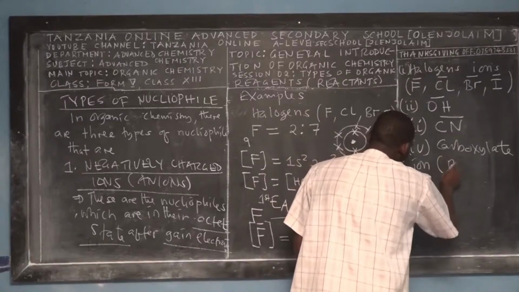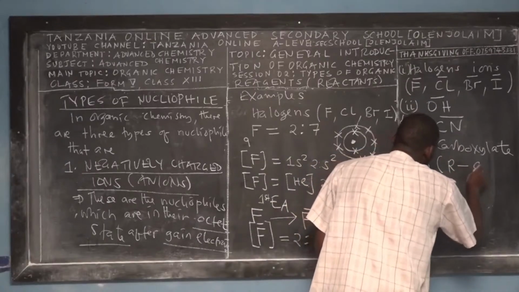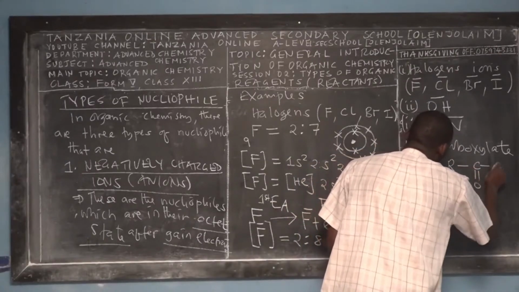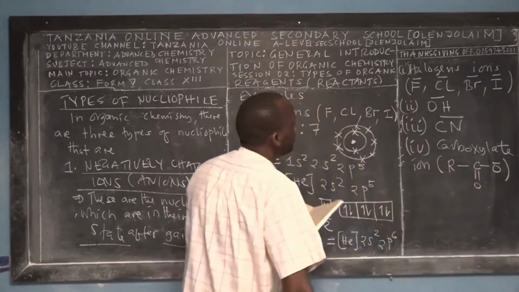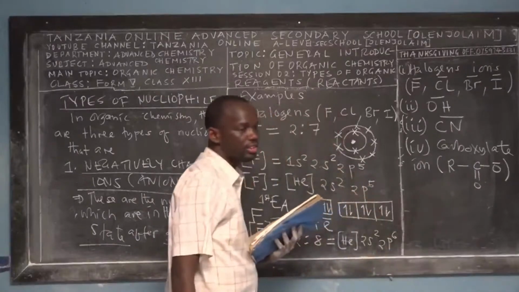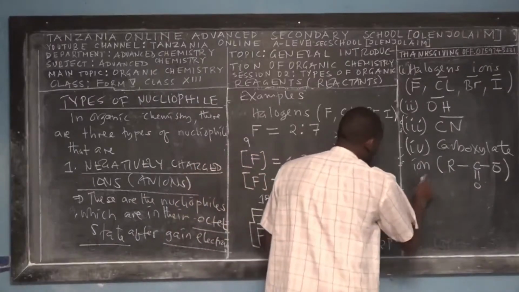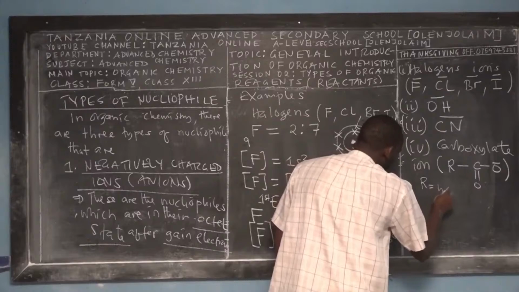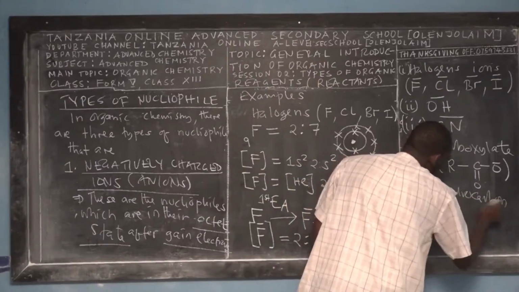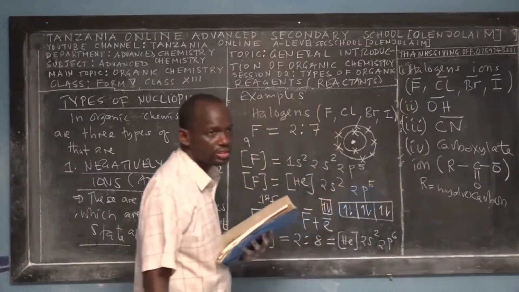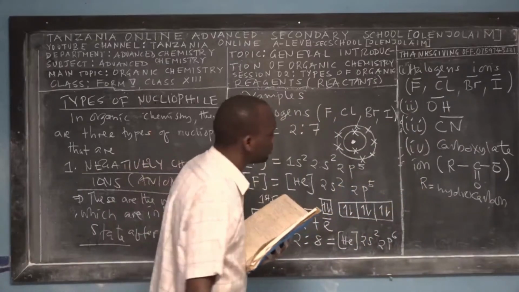So the carboxylate ion's functional group is this one, with the structural form of the functional group. R represents a hydrocarbon. When you say hydrocarbon, it is a compound which contains hydrogen and carbon.